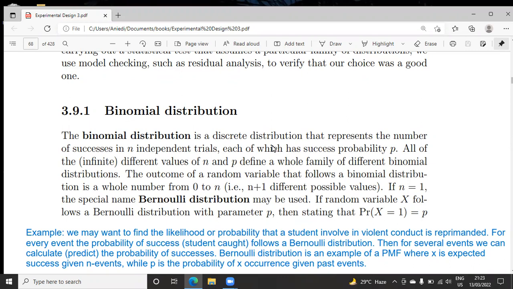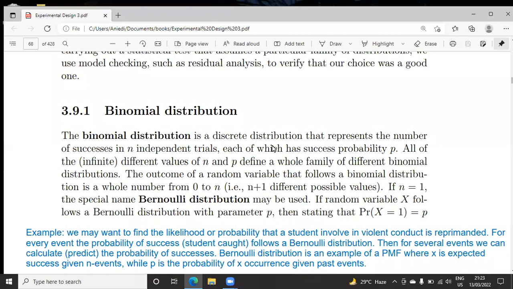The outcome of a random variable that follows a binomial distribution is a whole number from 0 to n. That is n plus 1 different possible values. If n equals 1, a special name, Bernoulli distribution, may be used.